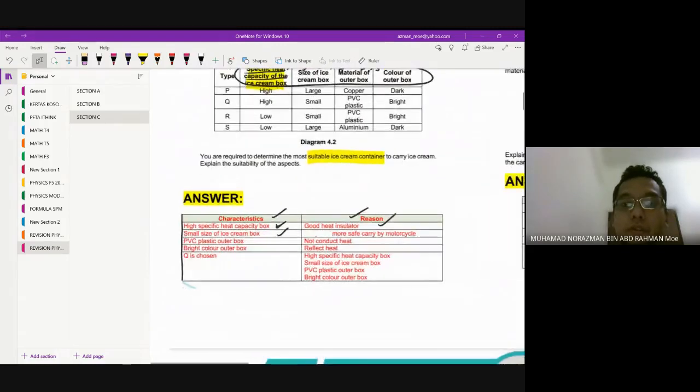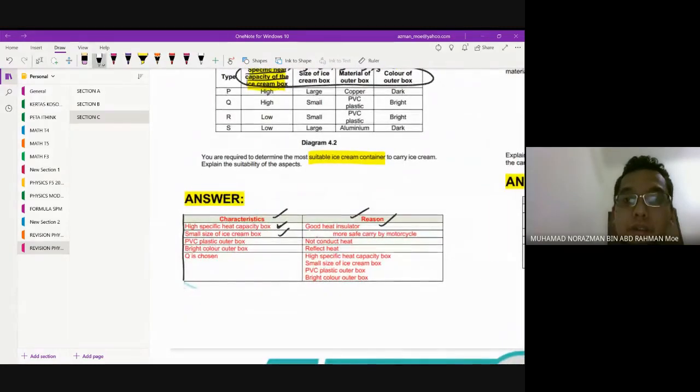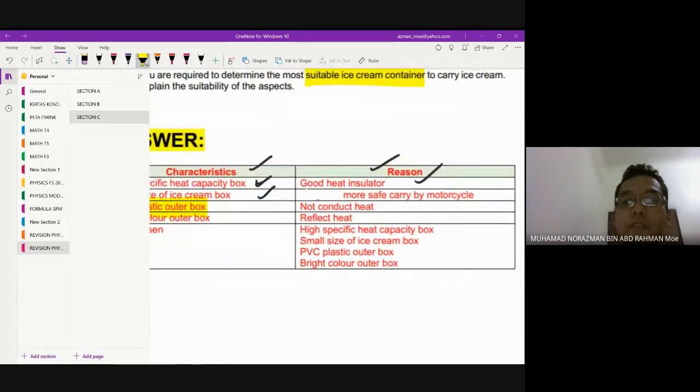Material of the outer box. We have copper, PVC, or aluminium. Obviously we want to choose a good heat insulator, so we choose PVC plastic. As you can see here, the reason is does not conduct heat. It is the same explanation as good heat insulator, but we change the sentence.